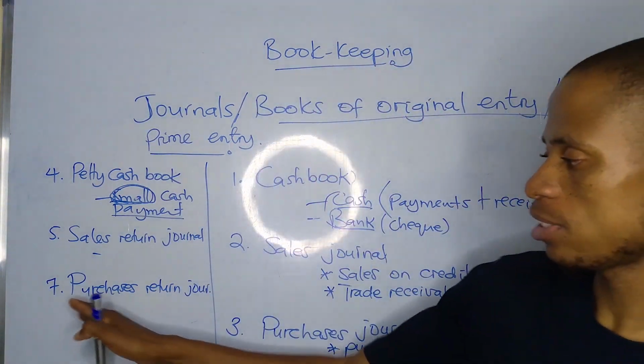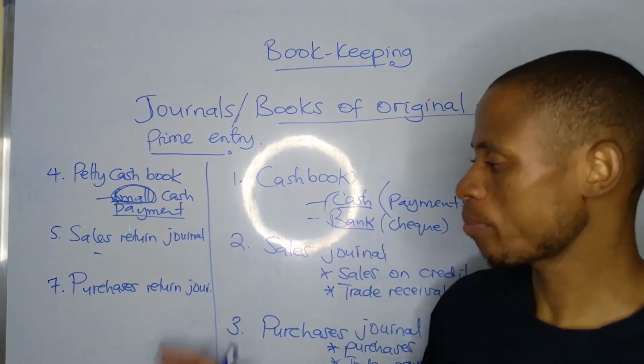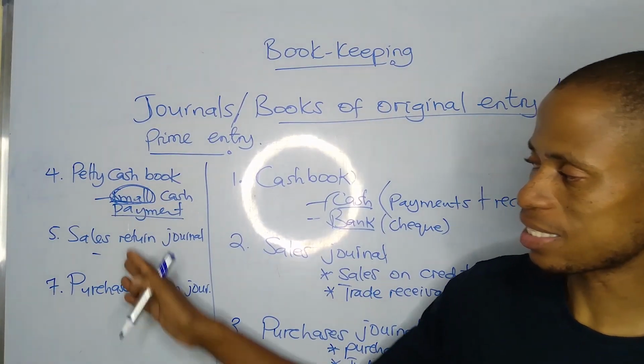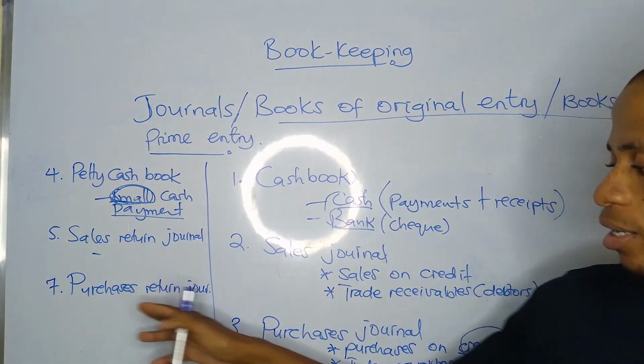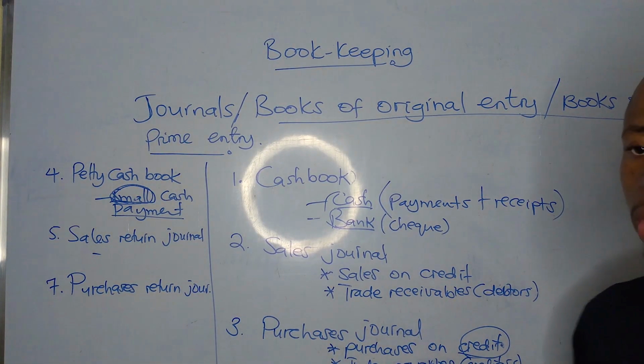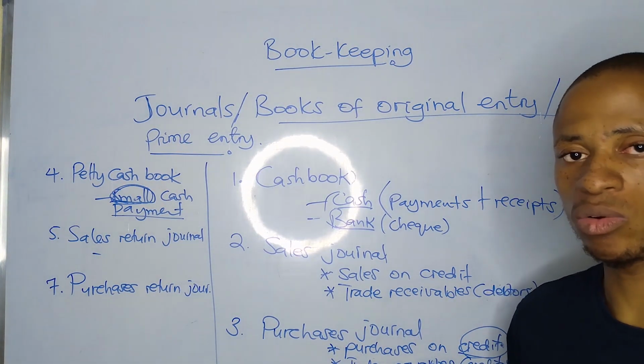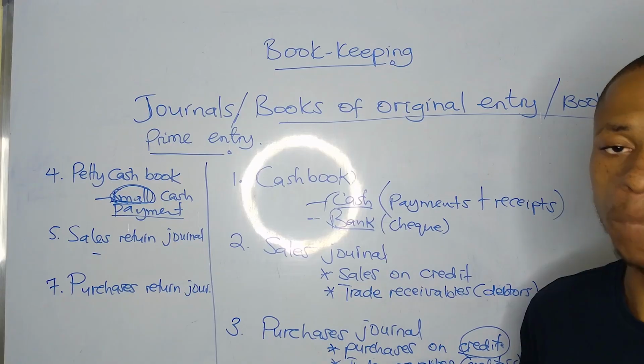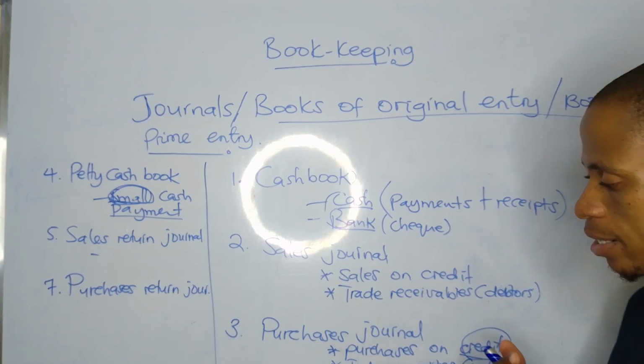And then we have the purchases return journal, which is just the opposite of sales. Remember we had a purchase journal where we recorded all goods bought on credit from suppliers.